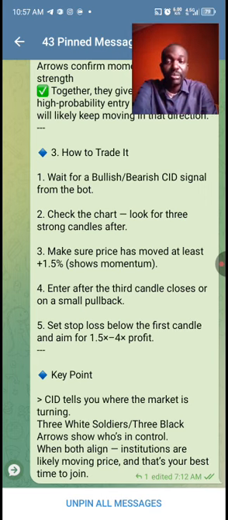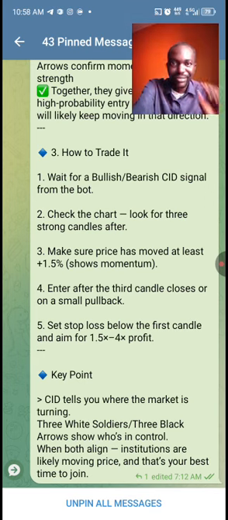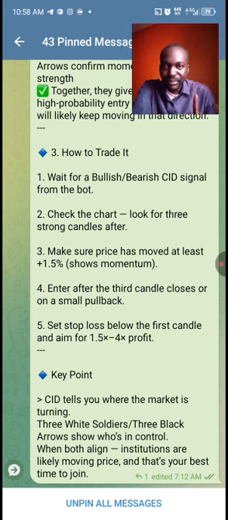Now, it says wait for a bullish or bearish change in direction signal from the bot. The second one is check the chart, look for 3 strong candles after. That's the 3 white soldiers and the 3 black arrows. In that same pattern, whether it is going up or coming down, you have to check because that pattern indicates movement. So that's the second step.